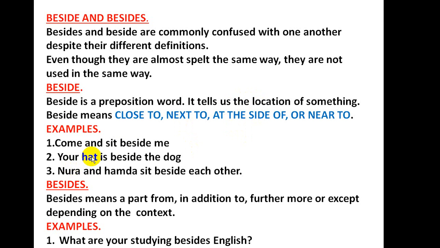Hamda sits beside Rhoda. So that is another example I'm giving. Let's go to number 2. Your hat is beside the dog. The hat is something you put on your head. It is near the dog.